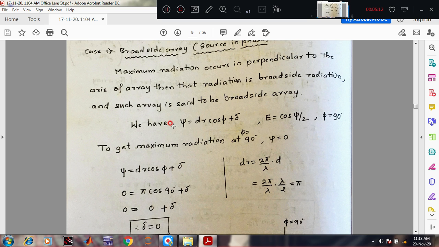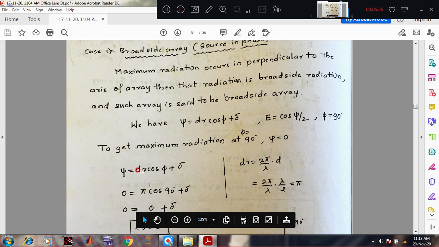That is, we have psi is equal to dr cos phi plus delta, where E will be cos psi by 2, and the angle phi will be 90 degree. To get the maximum radiation at phi equal to 90 degree, psi will be 0.